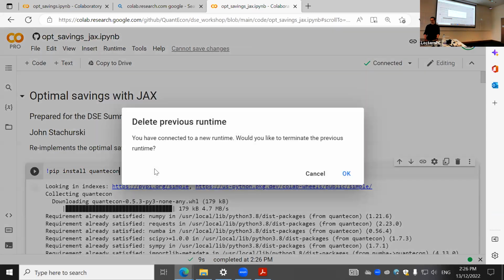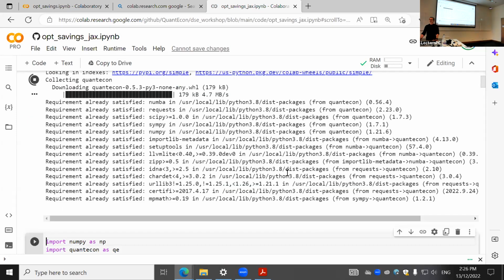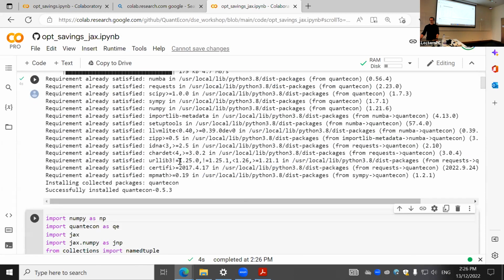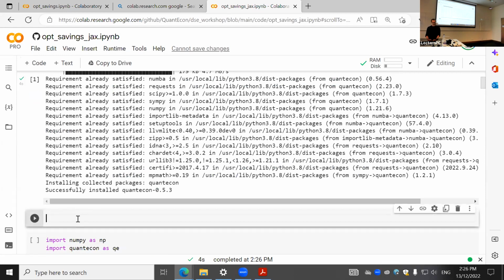So now it has to initialize again. Now I have to install the library. Okay, and I can see that we're going to be connected.